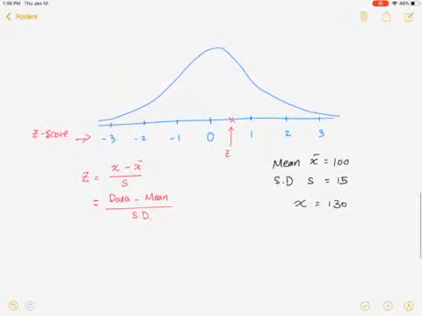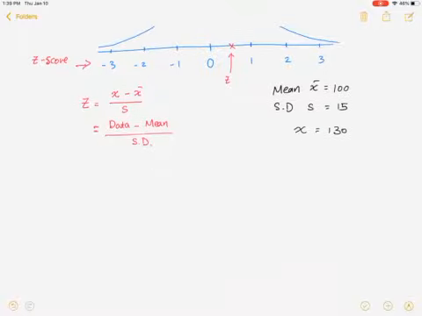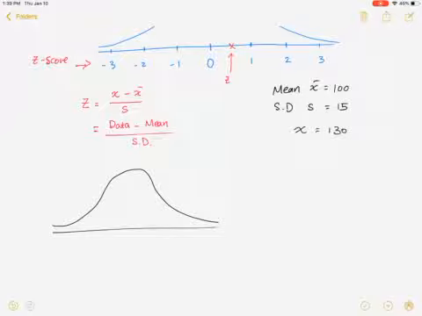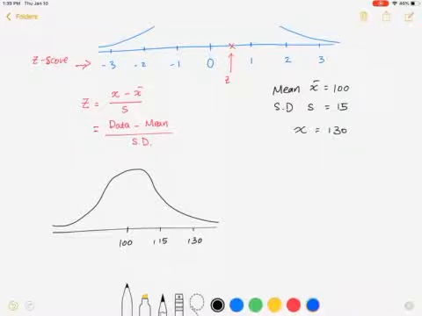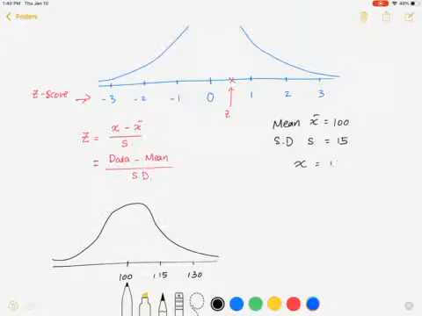If you want to do it by drawing, I'll do a really quick sketch. I shouldn't pick 130, so I'm going to change it to 120.